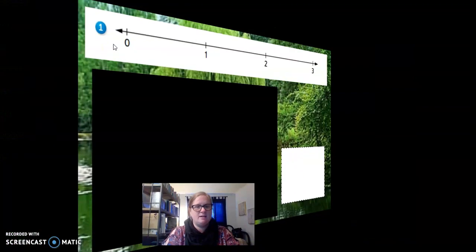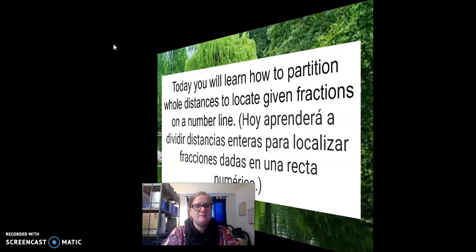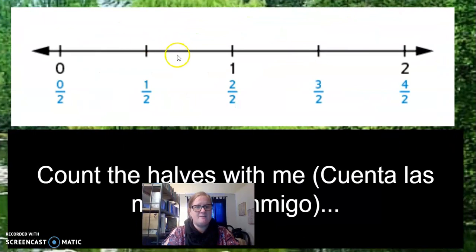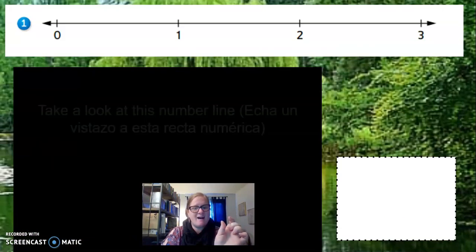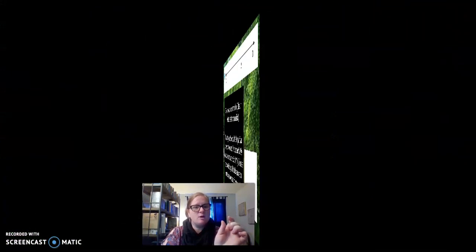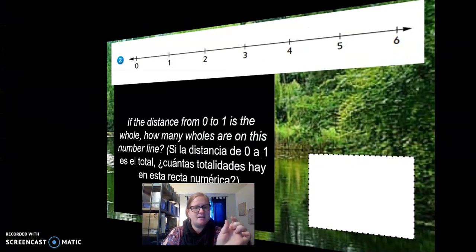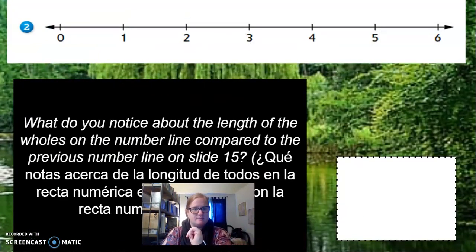And then on the previous one before that, the half is right here. You see the distance on the number lines is getting smaller as we continue to have more wholes. And I want you to put on that slide why you think that is.